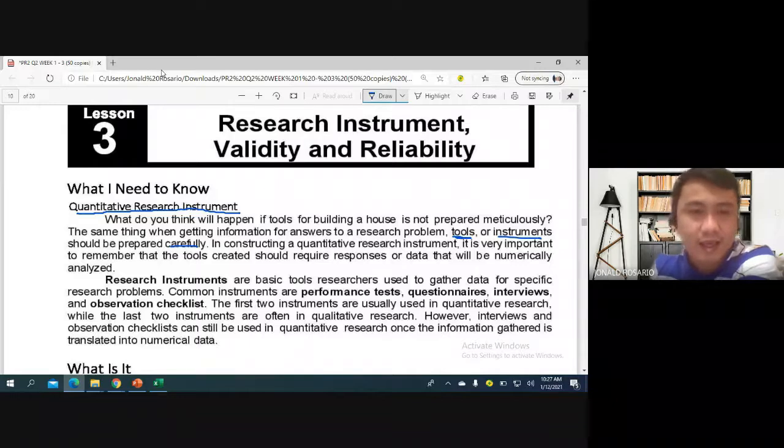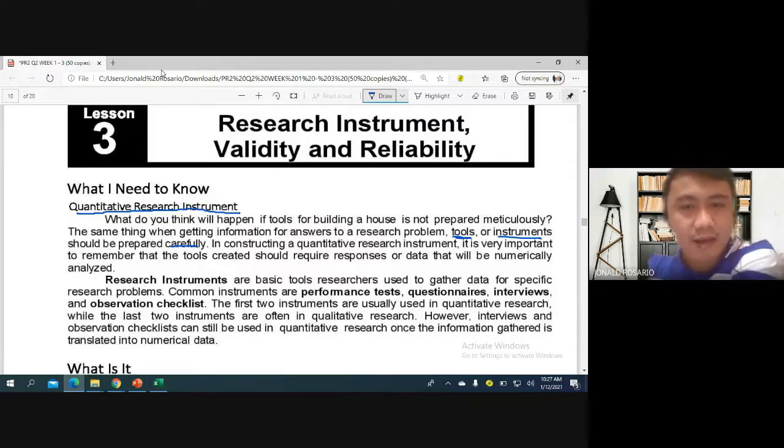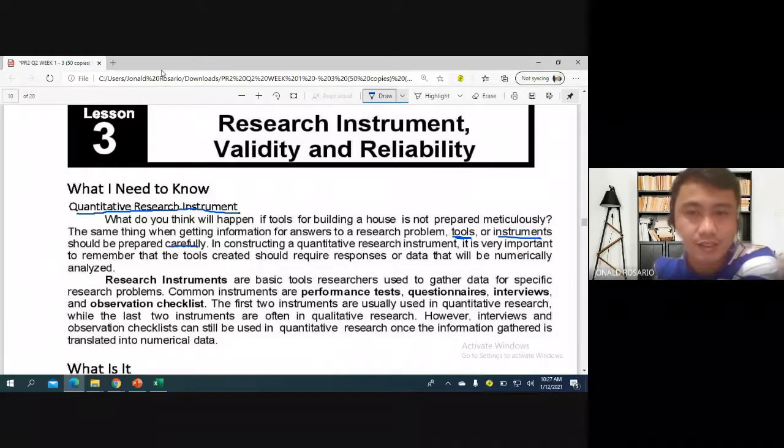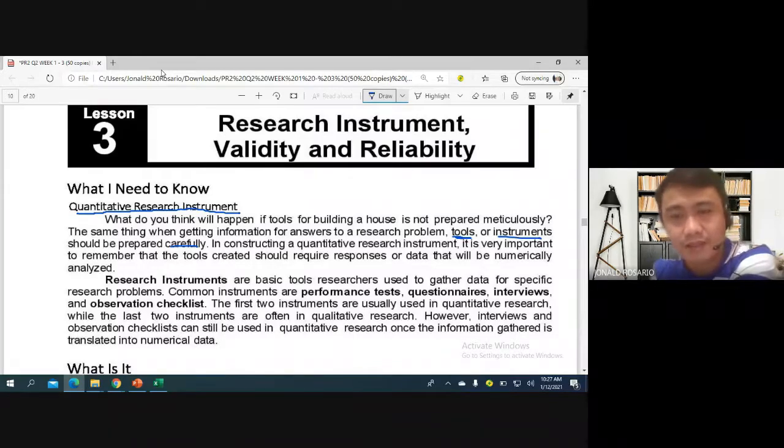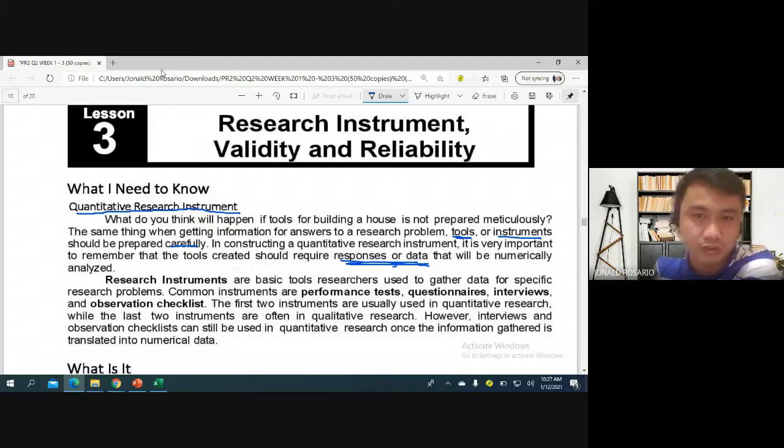Again, ang kailangan ninyong malaman sa lesson na ito ay yung paggawa or pag-determine ng appropriate instrument na pwede nating gamitin dun sa mga studies ninyo para makuha natin yung mga responses or yung tinatawag na data na makakasagot dun sa inyong mga research questions.